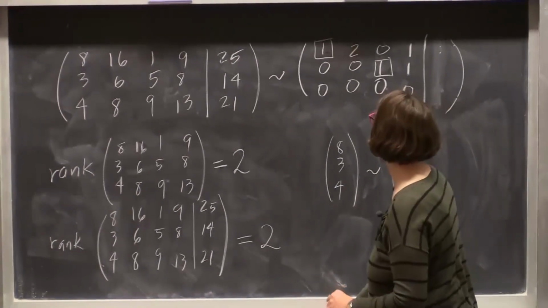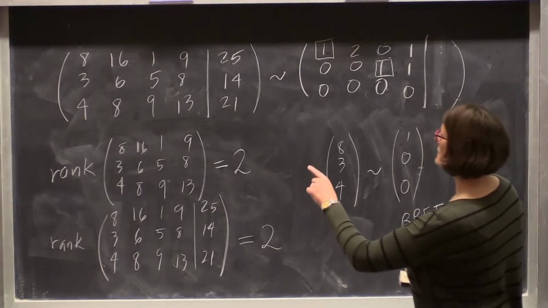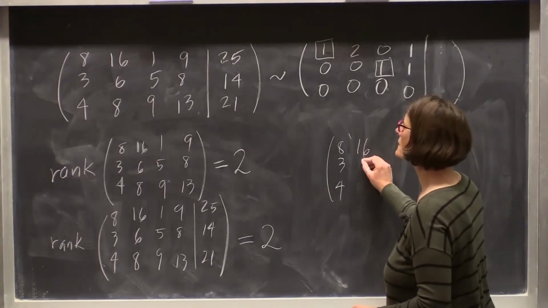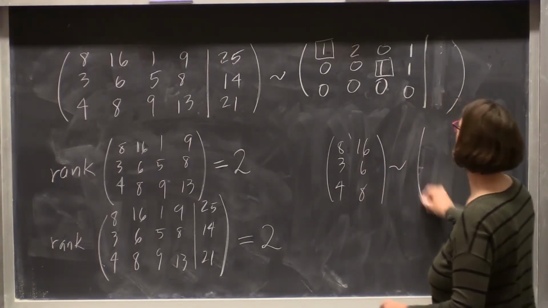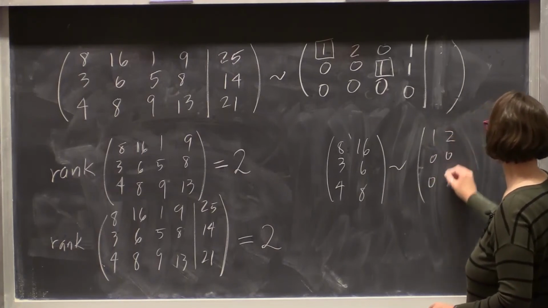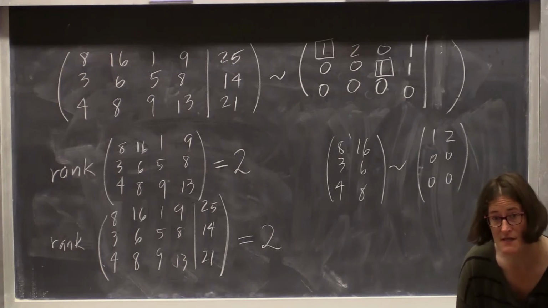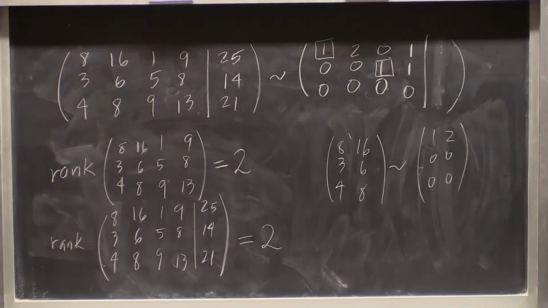And if you were to ask for the reduced row echelon form of this, you would get 1, 0, 0, 2, 0, 0. Questions? Yes? If the right-hand side of the last row is 0, should the other numbers also be 0?